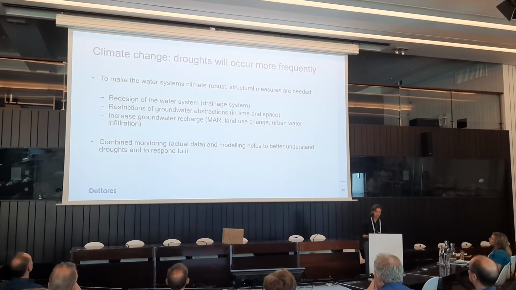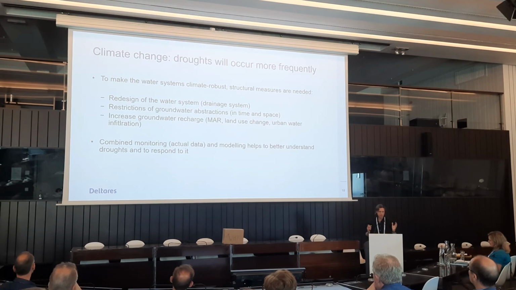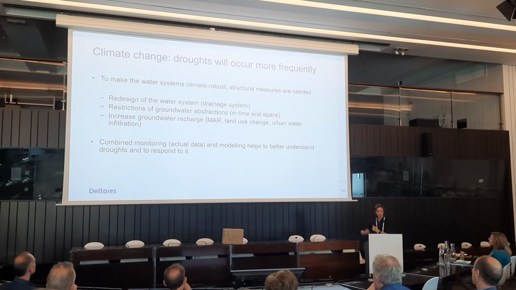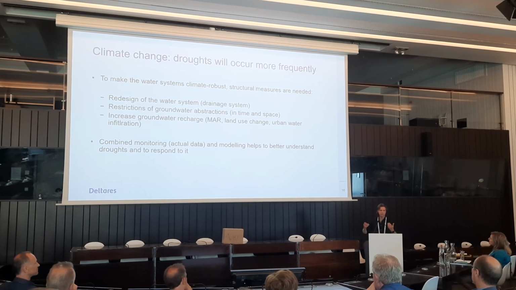So this is my last slide. If you want to make the water system more climate robust, well, you saw which parameters you should focus on, and that is the redesign of the water system, so not draining it too quickly to the sea, but keeping groundwater levels higher.